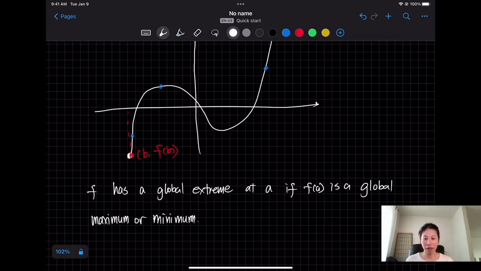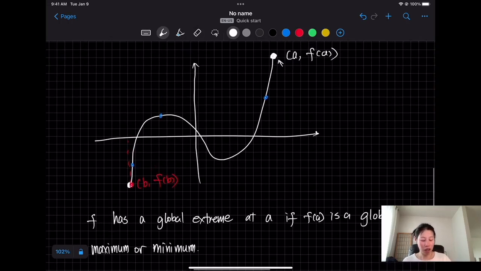In some places you would say absolute instead of global. So in here, these two points are going to be our extrema points.